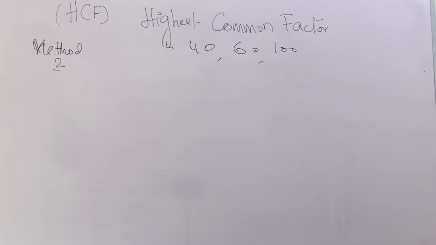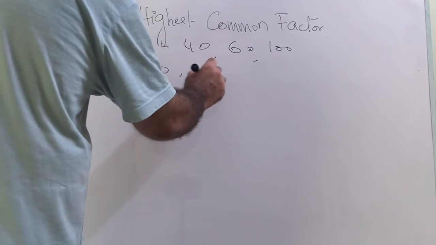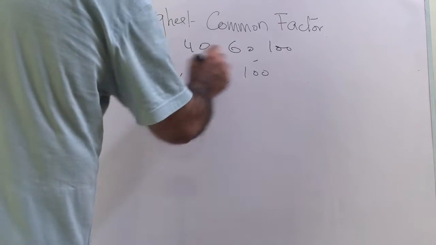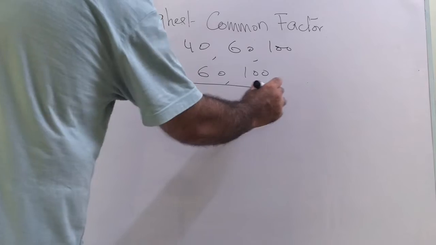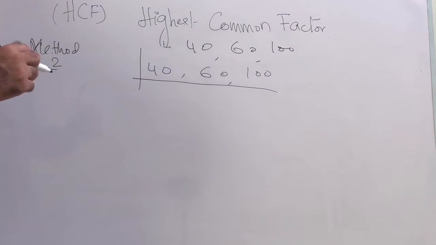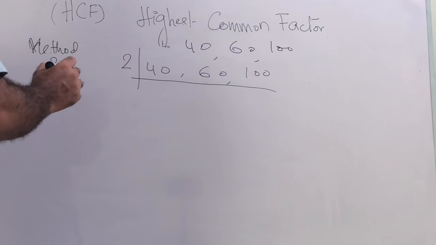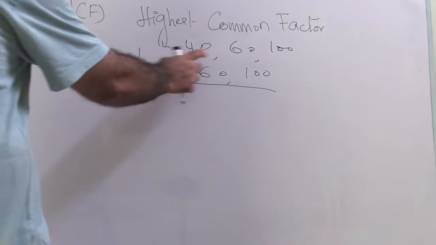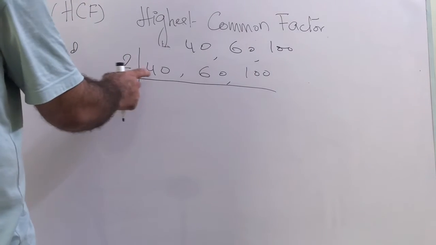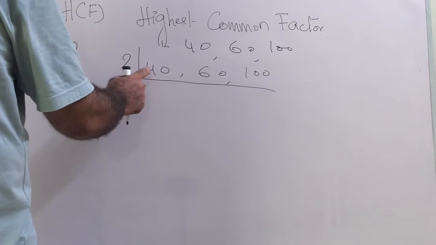What we'll do is that we'll be doing prime factorization of 40, 60 and 100 all together, not separately. Start with the digit which is a common factor of all three. So this can be divided by this, this can be divided by this, and this can be divided by this.